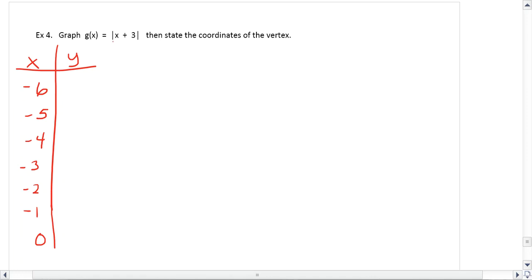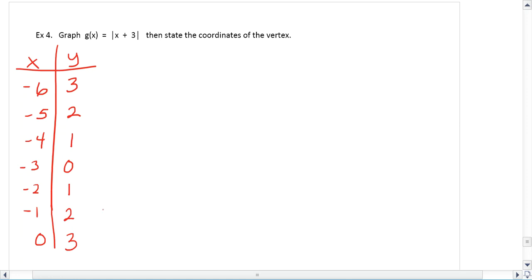Putting in the -6 here, -6 plus 3 is -3, and the absolute value of that is +3. Putting in the -5, we get a -2, which is +2. Putting in the -4, we get -1, which is +1. This gives us 0. This gives us 1. This gives us 2. And this gives us 3.